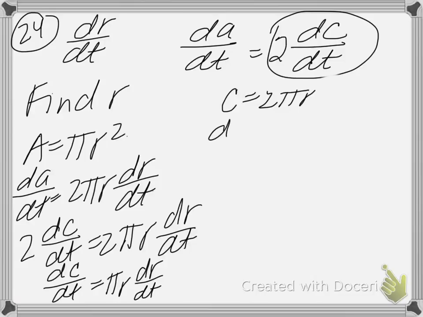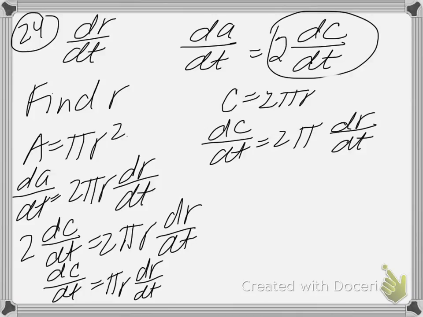Okay, so if I find the derivative of that, I get this. Okay, so that's dC over dt. So what can I do with that? Well, I can take this and I can substitute it into this because those two dC/dt's are equal.